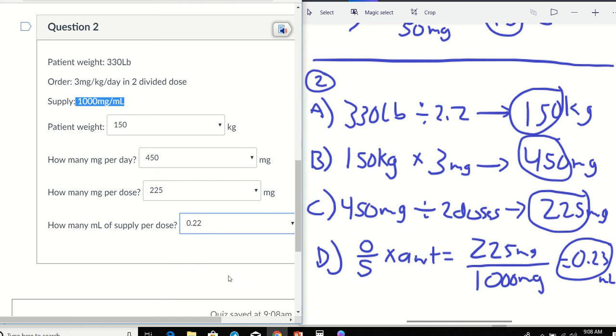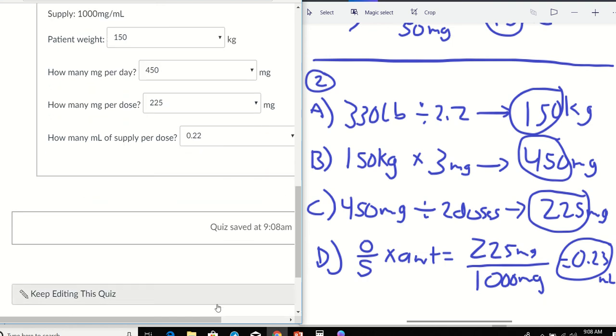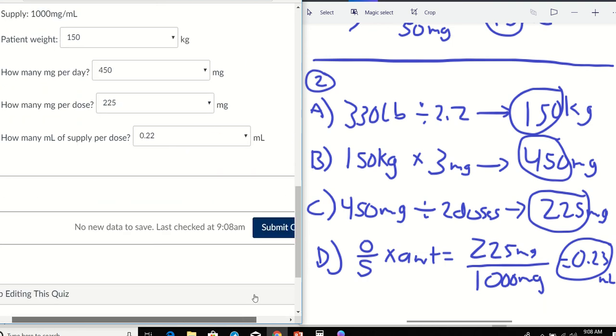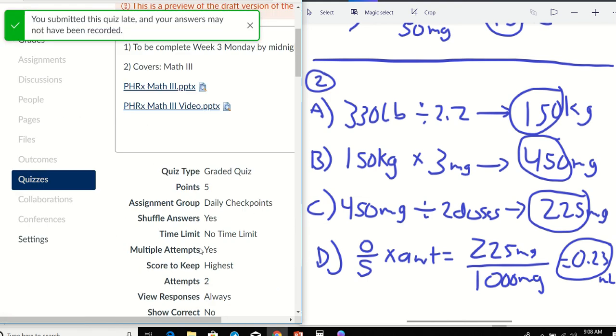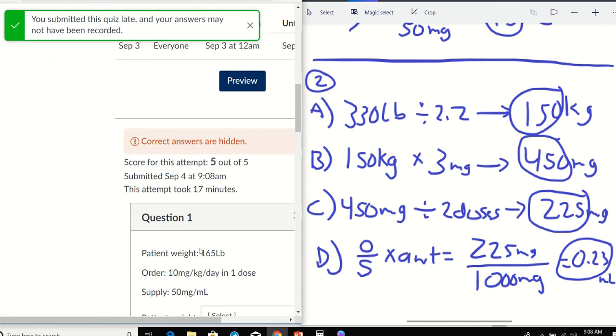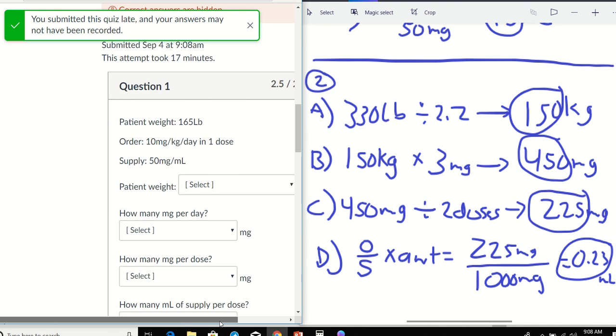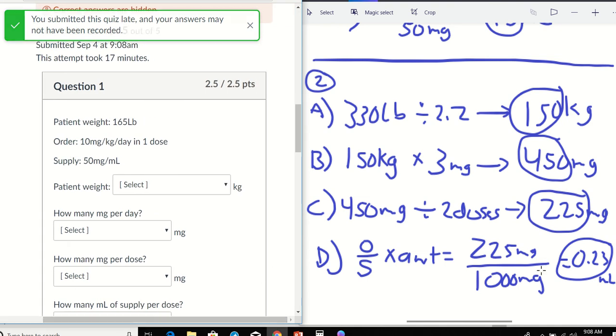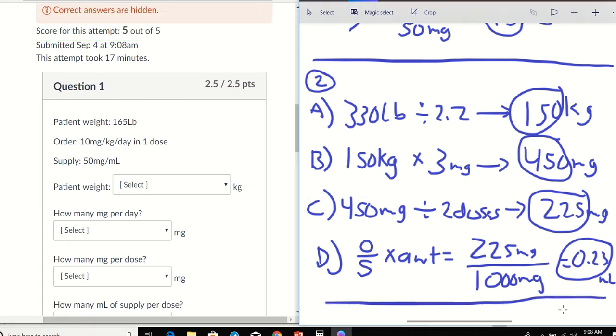Here they got 0.22. Let's submit. Let's see what we got. So that was yesterday's DC. So I'll go ahead and I'll post this so you guys can review it. Let's go on to today's DC.